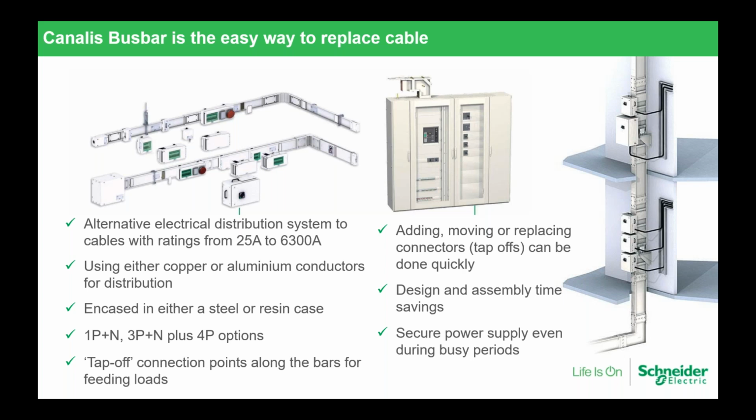For this kind of situation, we have a dedicated bus bar in resin case for outdoor and harsh applications. We have options for 1 pole and neutral, 3 pole and neutral, and 4 pole.